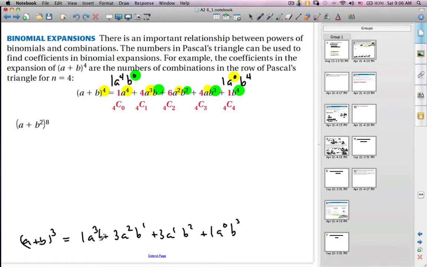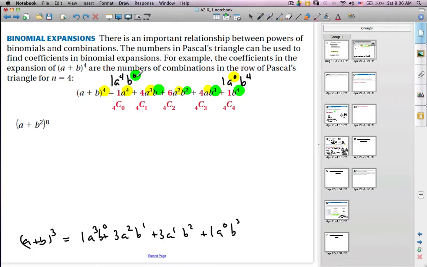And this would have had b to the 0 power. So when you looked at this pattern, you did the same thing. I have a to this power descending, 3, 2, 1, 0. I have b to the 0 power ascending to this, so 0, 1, 2, 3. And you'll notice that in each term, if I add the exponents, 3 plus 0 is 3, 2 plus 1 is 3, 1 plus 2 is 3, 0 plus 3 is 3. They always add up to whatever is the power.